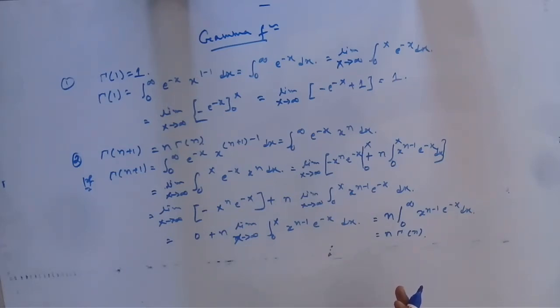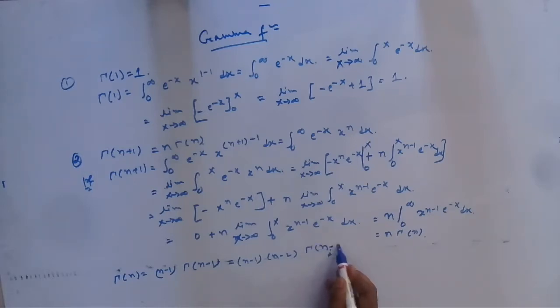Now from this result we can derive another result. Since gamma of n plus 1 equals n gamma n, similarly we can write gamma n equals n minus 1 gamma n minus 1, and similarly we can write gamma n minus 1 as n minus 2 gamma n minus 2.